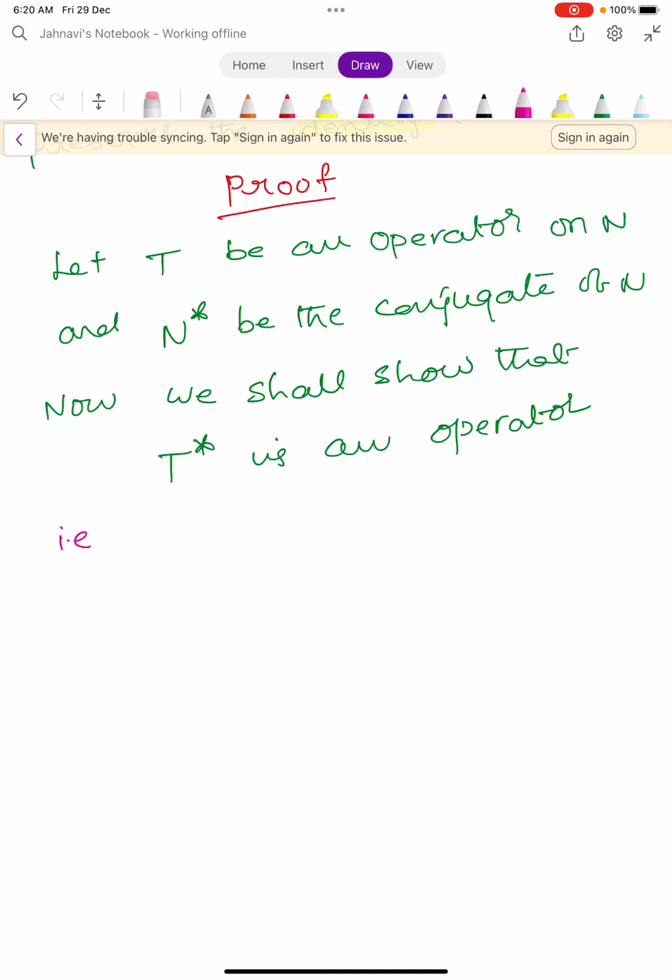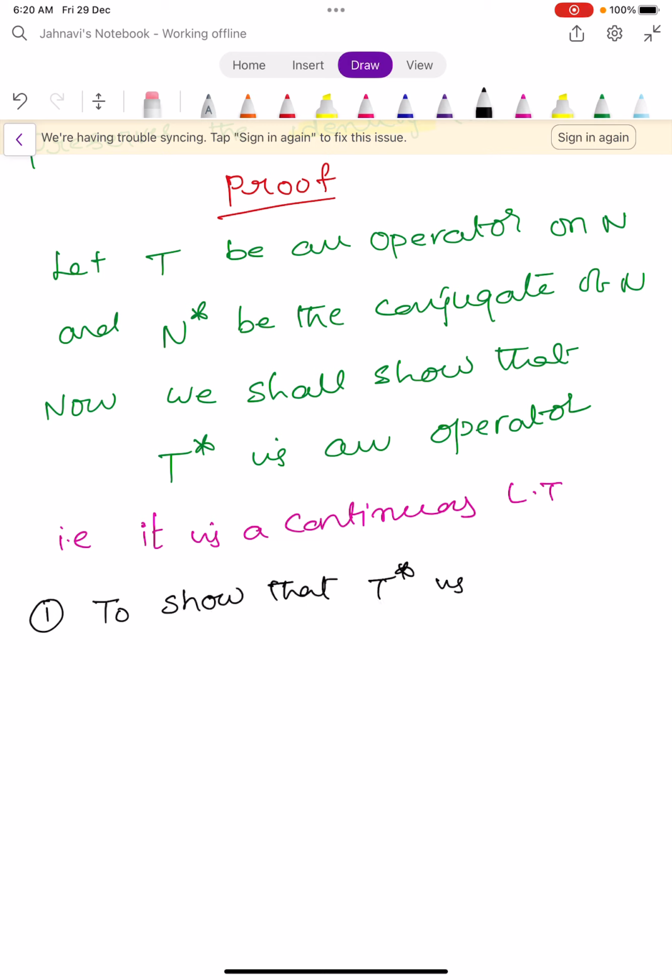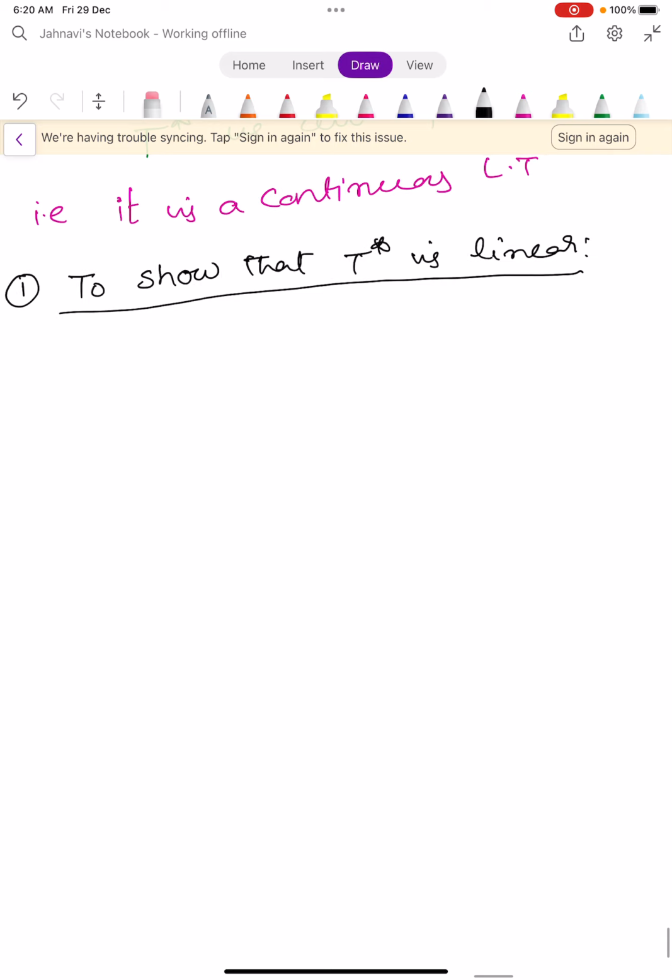To prove that T star is an operator, it is equivalent to prove that it is a continuous linear transformation. So the first heading, to show that T star is linear. To prove that T star is linear, let us take elements.